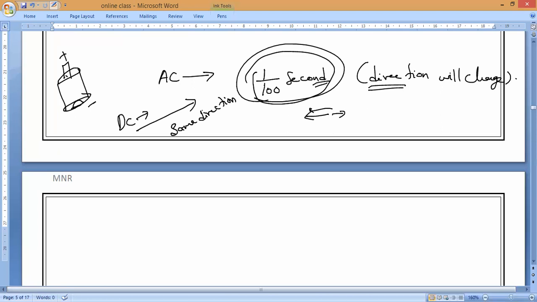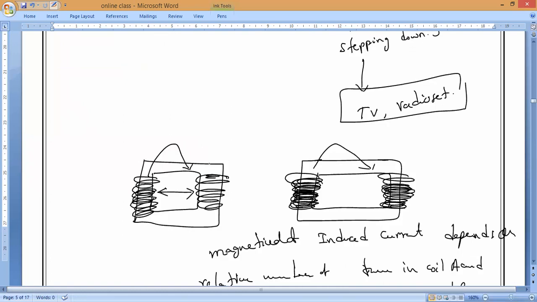AC at any desired voltage can be obtained using transformers, that is, step-up or step-down transformers. But with DC we cannot get the desired voltage. With alternating current, by varying the relative number of turns in coil A and coil B, as in this experiment, we can increase or decrease the voltage. That is the advantage of AC currents.